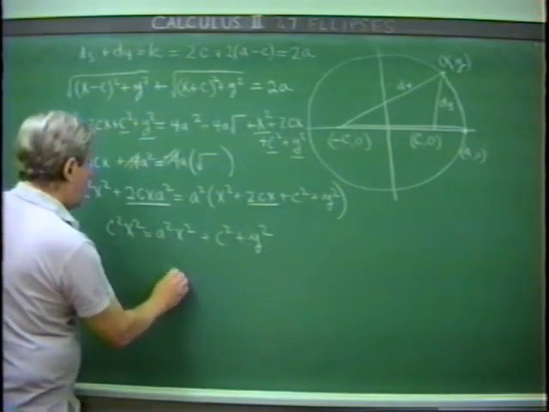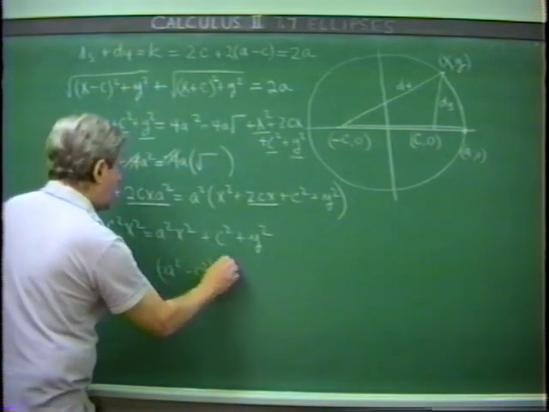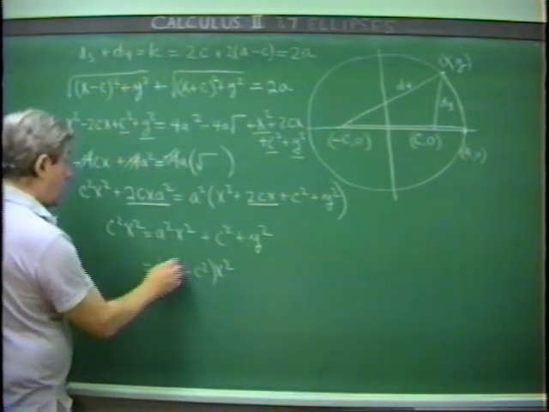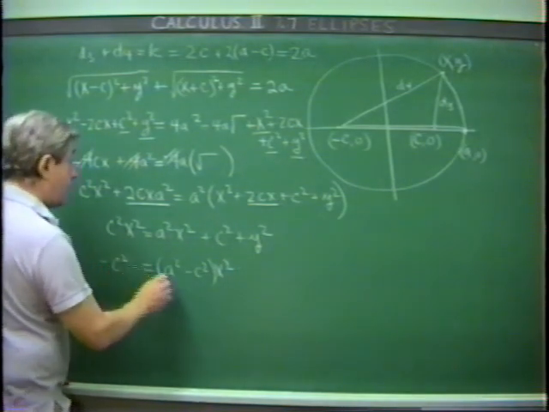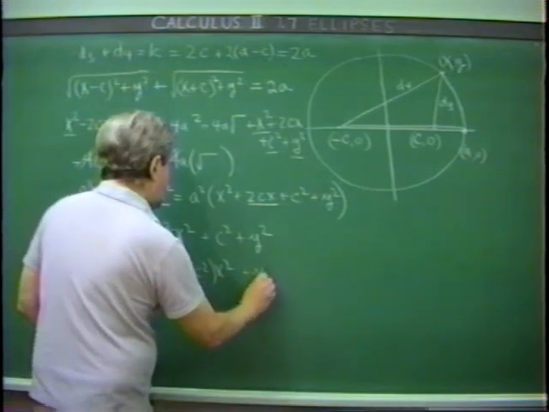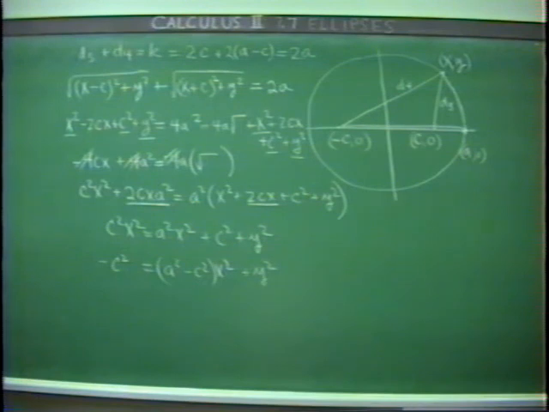Right. Bringing this over to this side right here, I'm going to have a squared times x squared minus c squared times x squared. I want to bring a c squared over to this side, so I've got minus c squared plus y squared.